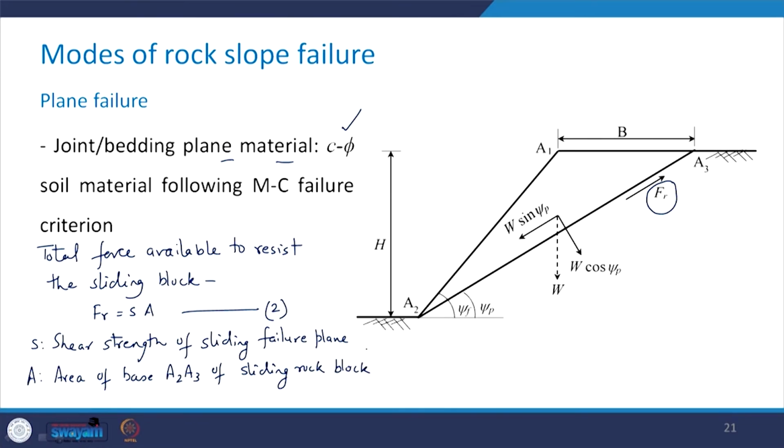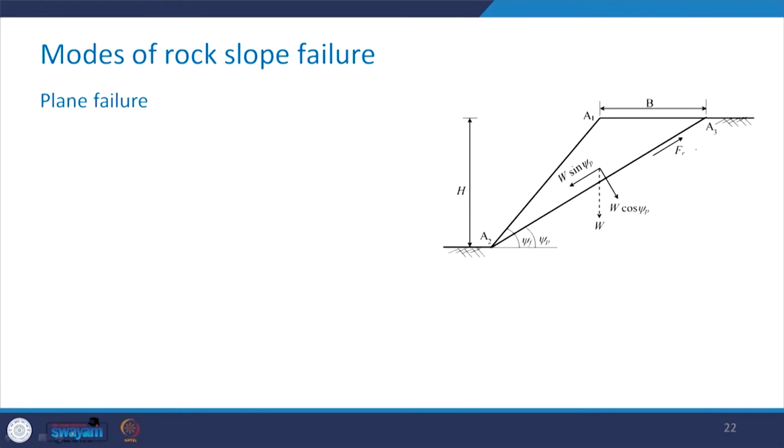Now, since we are taking a unit dimension in the direction perpendicular to this screen, this area would be equal to the length A2, A3 multiplied by 1. So, this can be calculated as this A is equal to H upon sine of psi p. This equation is equation number 3.